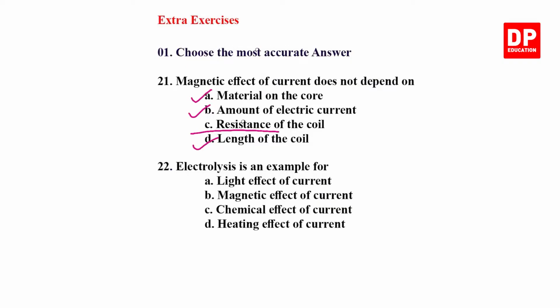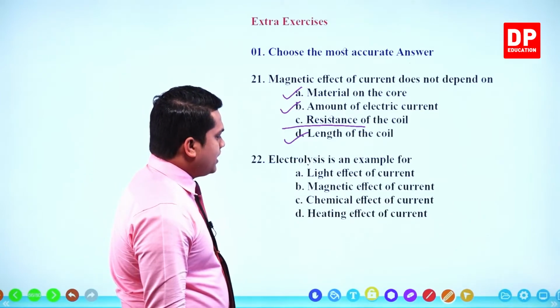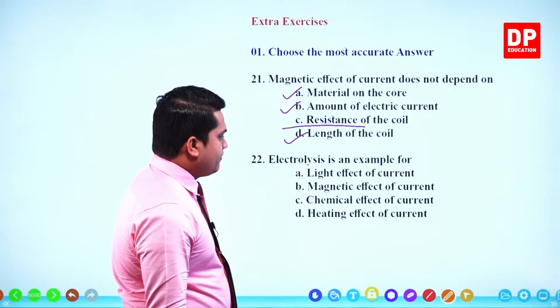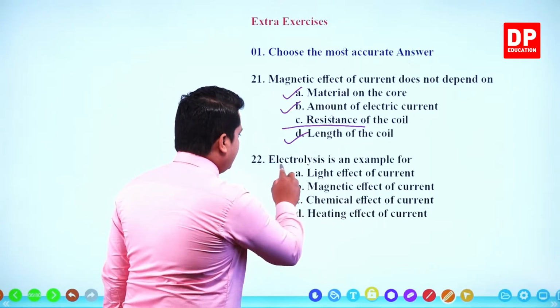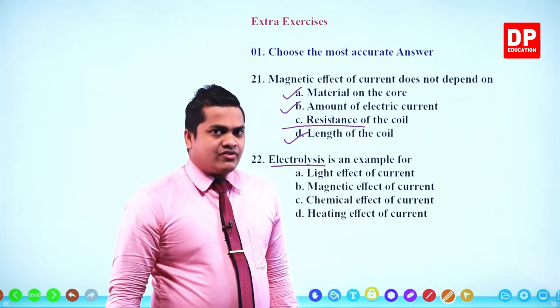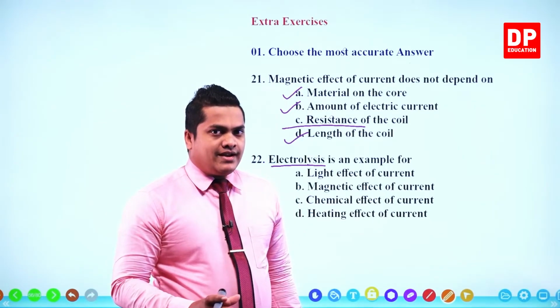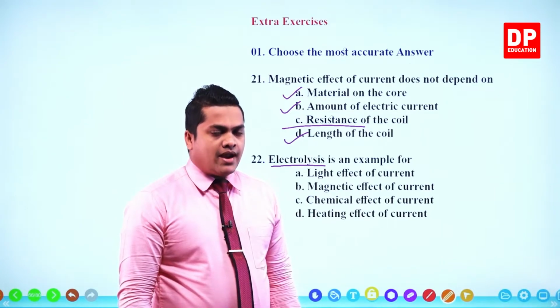Question number 22. Electrolysis is an example for light effect of current, magnetic effect of current, chemical effect of current, or heating effect of current. Electrolysis means, by providing electricity, generating a chemical reaction within a solution or within a certain material.